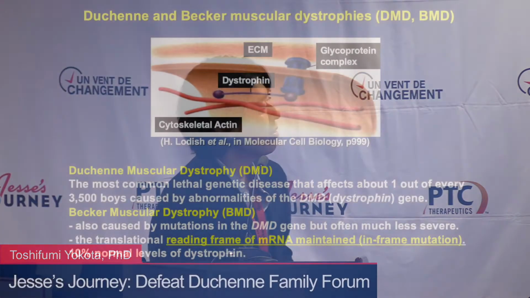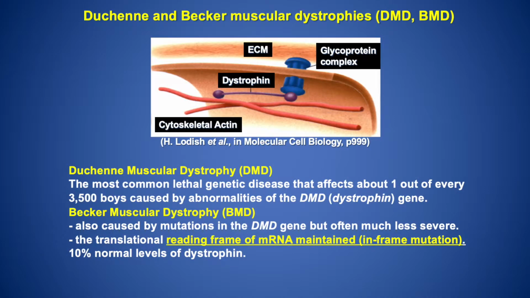If there's no beam, the roof can easily collapse. That's what happens in muscle fibers in DMD patients. Dystrophin basically has a role like a beam, and it supports the muscle membrane here.